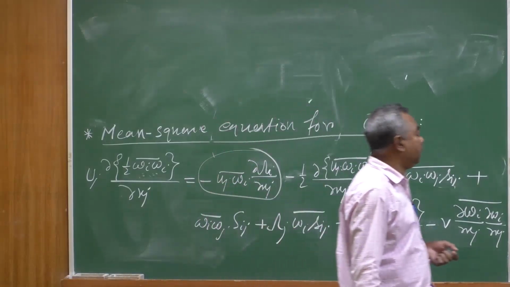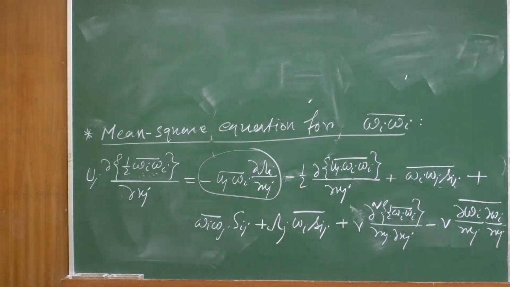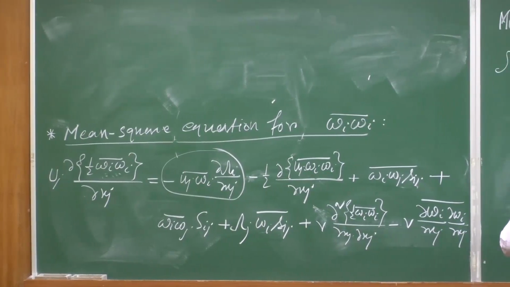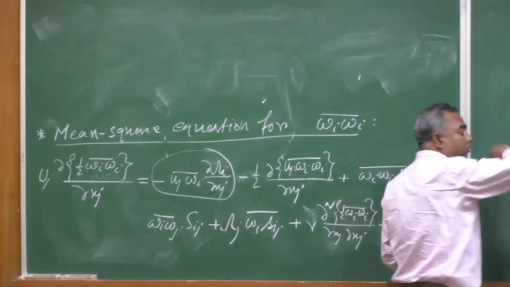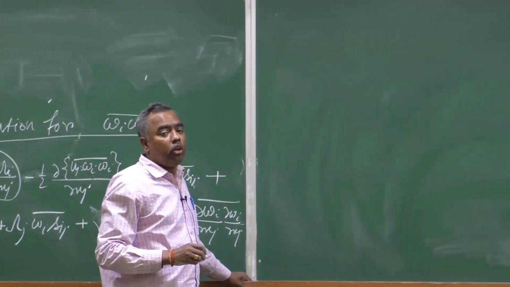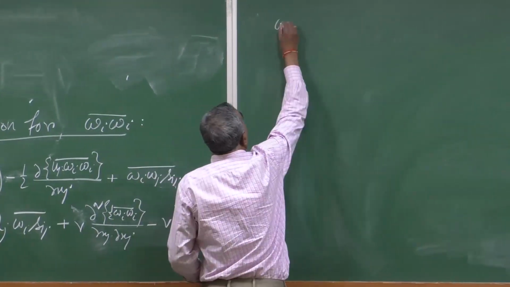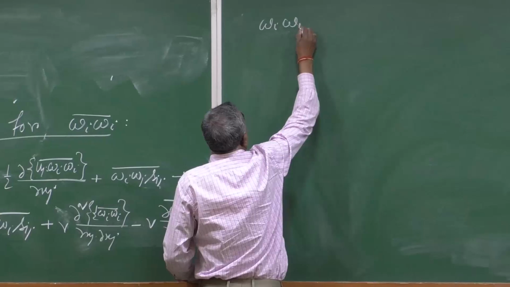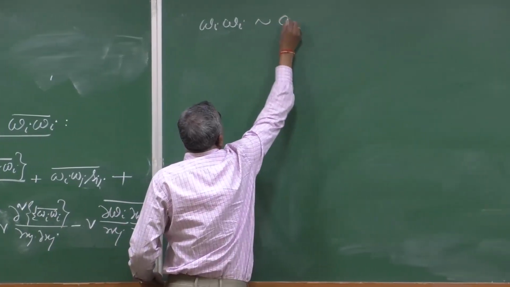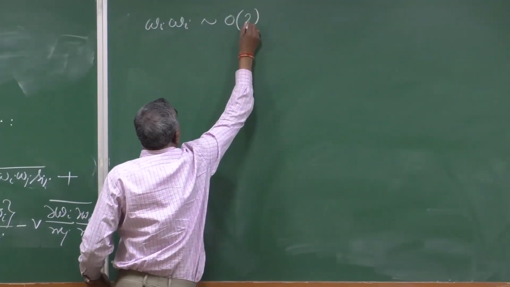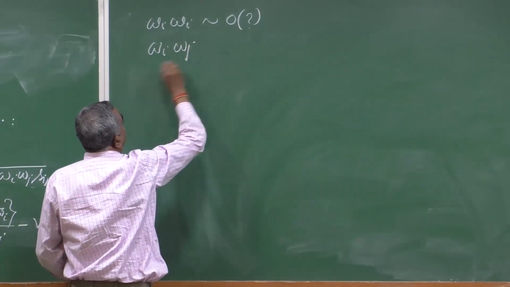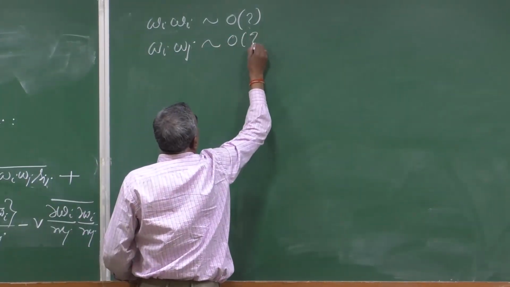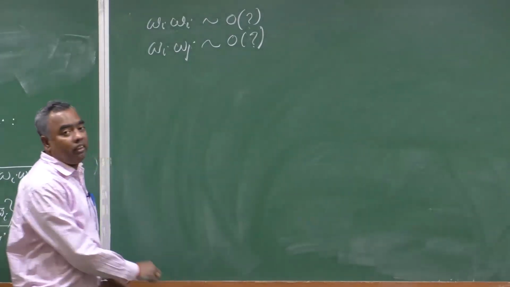If we would like to do that, let us start doing it here. We need to find out the order of magnitude of omega_i into omega_i, or omega_i omega_j.